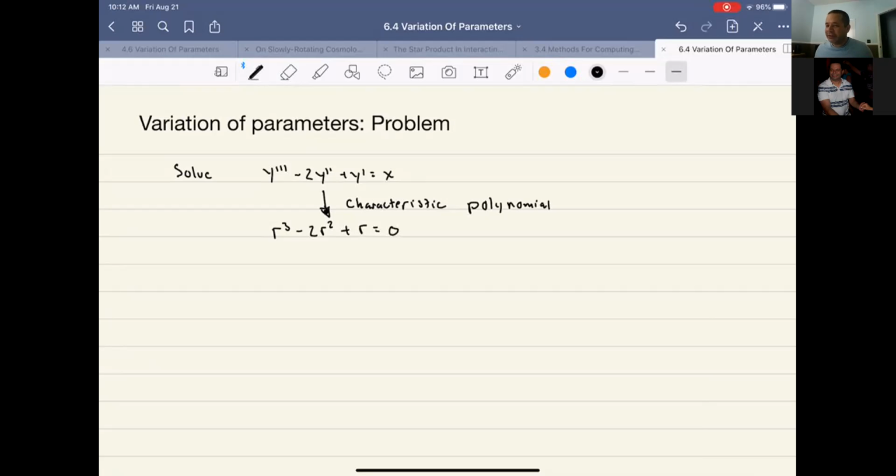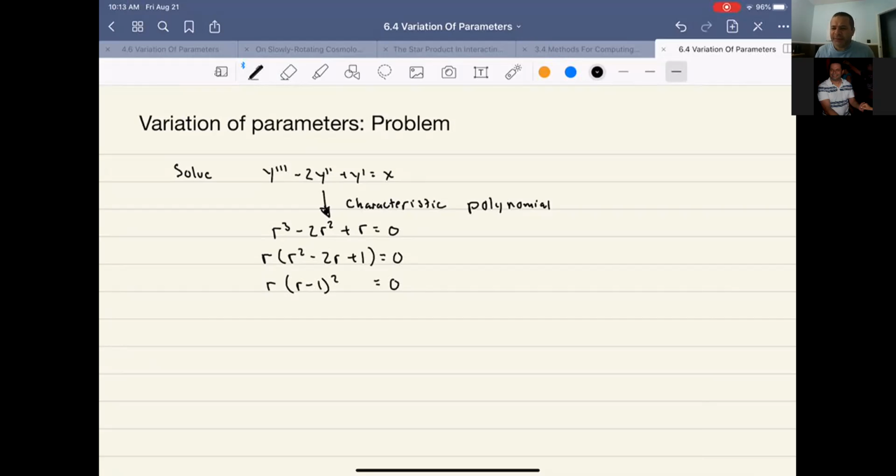Because the characteristic polynomial is something about the homogeneous equation, right? So factoring out the r, r squared minus 2r plus 1 equals 0. R times (r minus 1) squared equals 0.